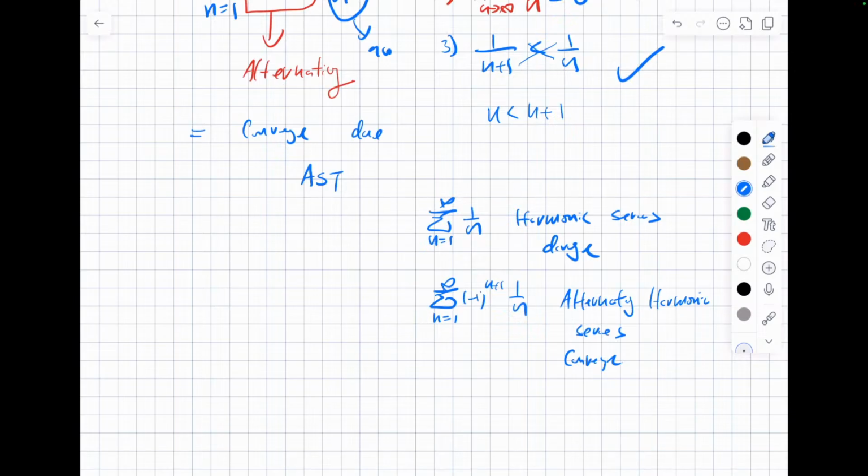But let's think about it. Why does it converge though? Let's just say you start with 1, right? And you're going to have minus a half, plus 1/3, minus 1/4. So they go in like this. You go in like 1, come back, come back, come back, come back.